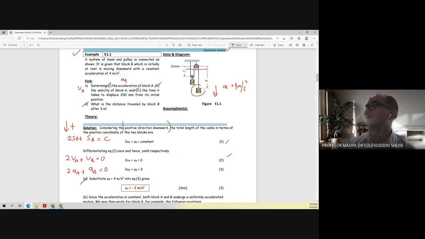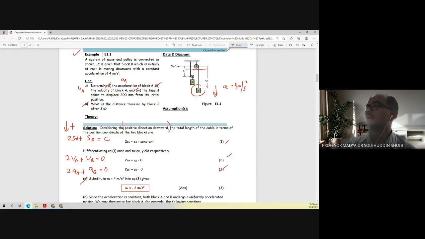We substitute into equation 3. So once you substitute, you get acceleration of A is going to be minus 4 divided by 2.